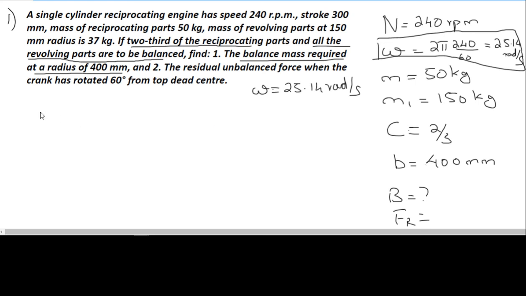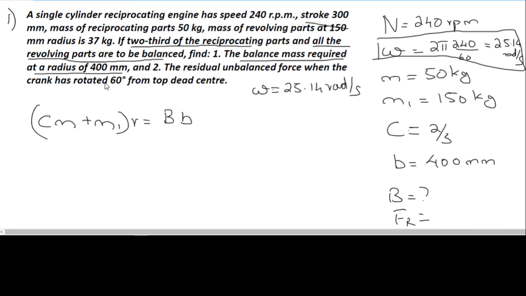Then we know when revolving masses are also given, the equation is (Cm plus m1) R is equal to B into small b. Here stroke length is given as 300, so what will be R?